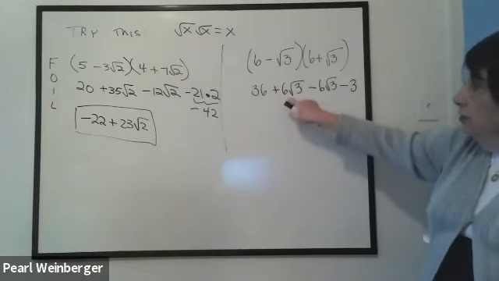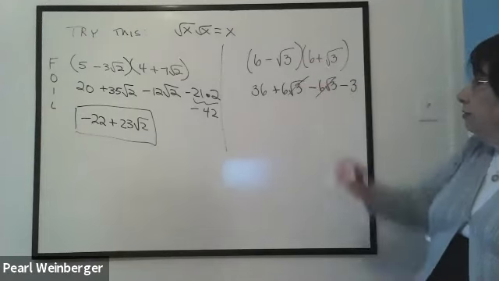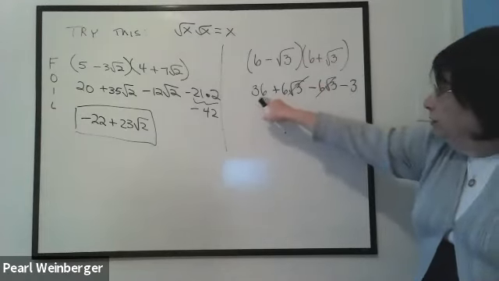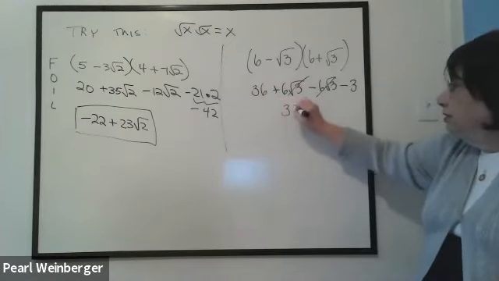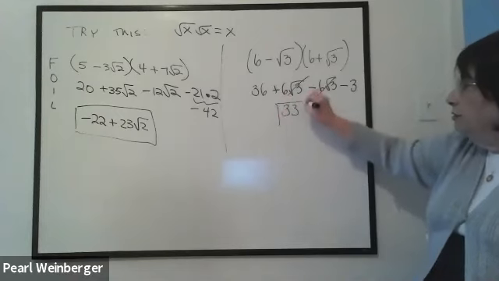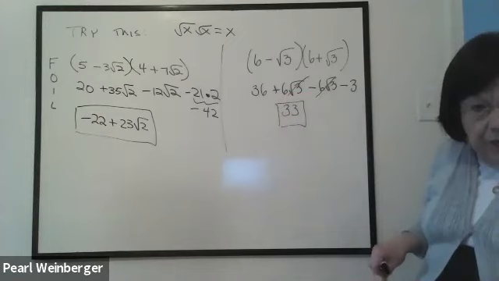Now, if you notice, the 6 radical 3 and the negative 6 radical 3 just cancel each other out. So all I'm left with is 36 minus 3, which is 33. Yes, Jessica, that is the correct answer. And I want to mention that you should notice something.